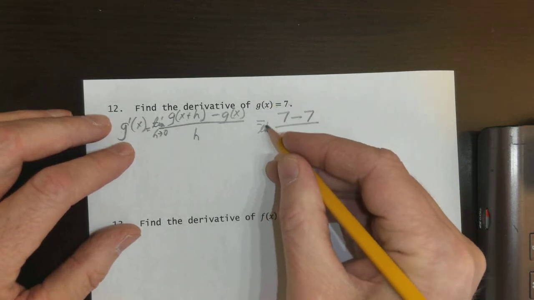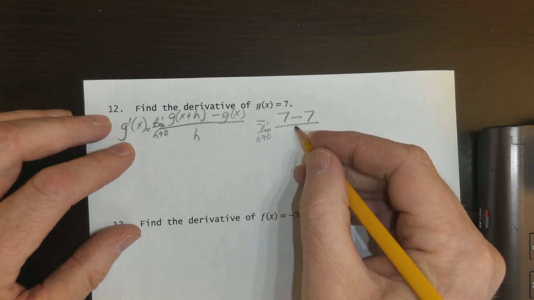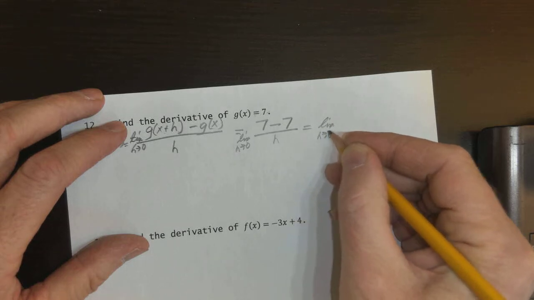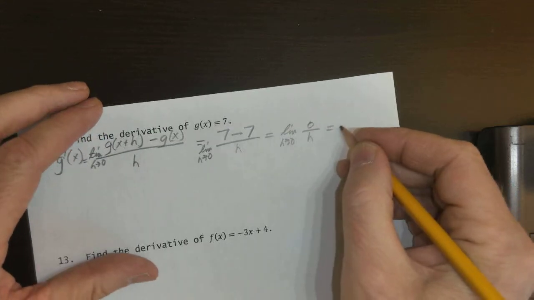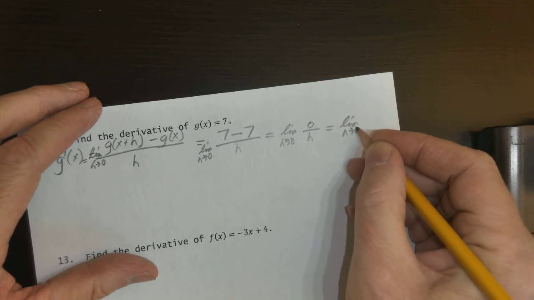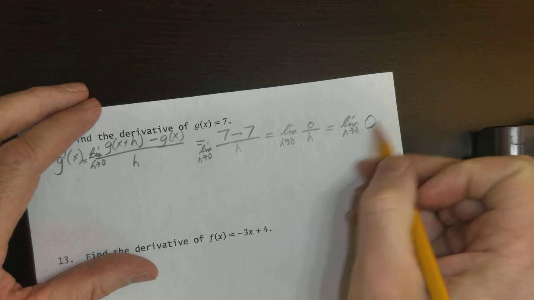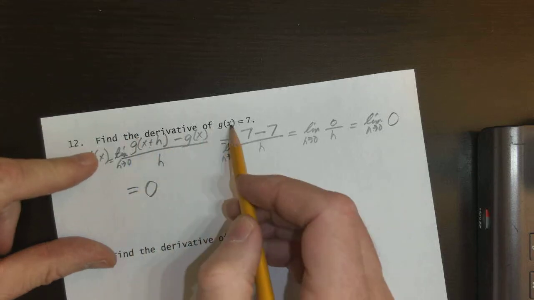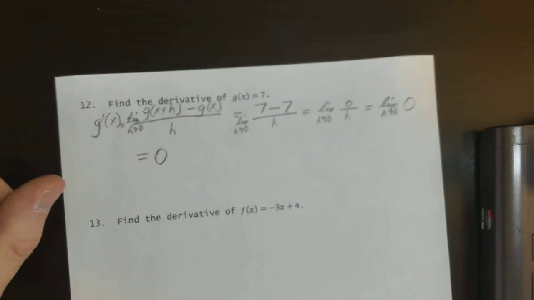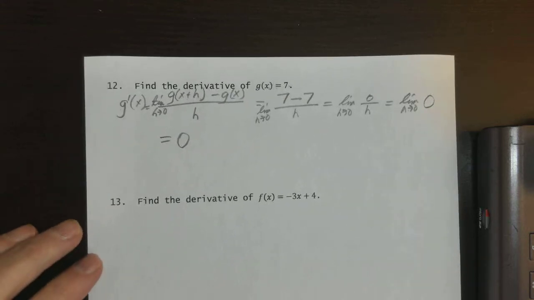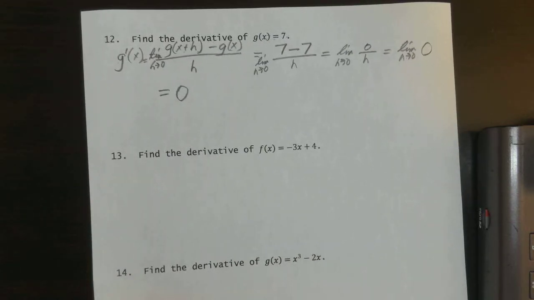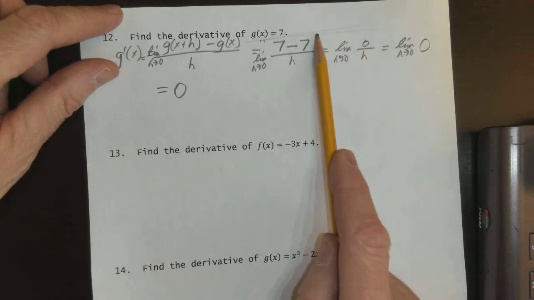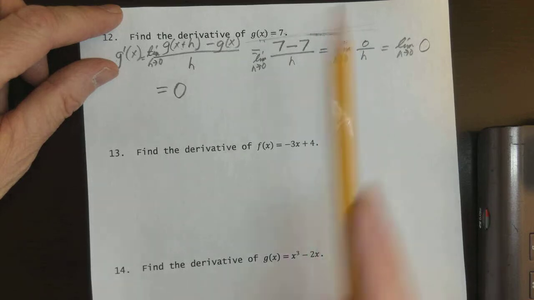This is the limit as h approaches 0 of 0 over h, which is the limit as h approaches 0 of 0. There's no h anymore, so the answer is 0. That is the derivative of g of x equals 7. It's the slope of the tangent line of a horizontal line. No matter what point you're on, the slope at that point is 0.